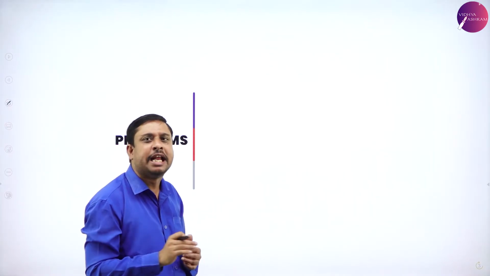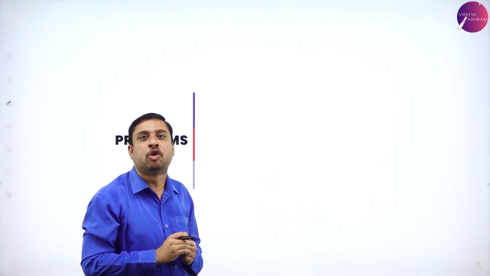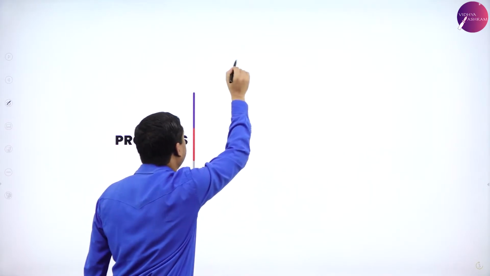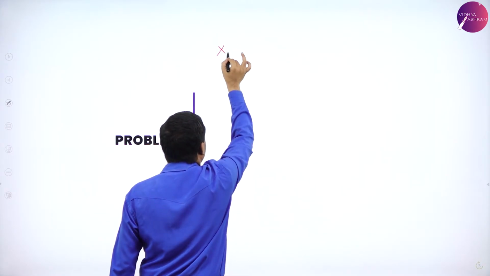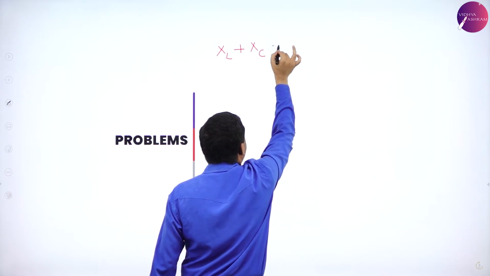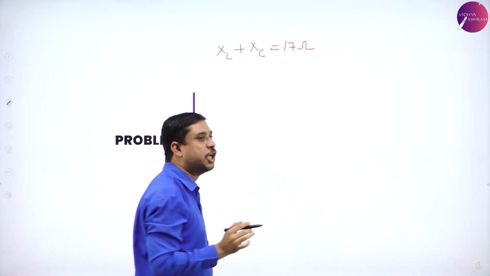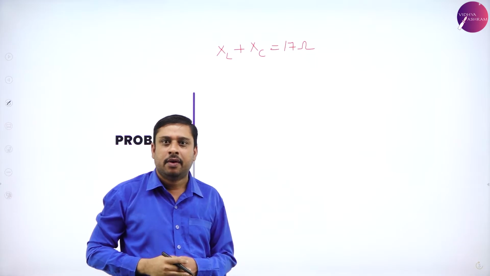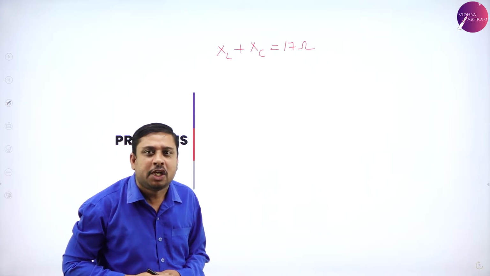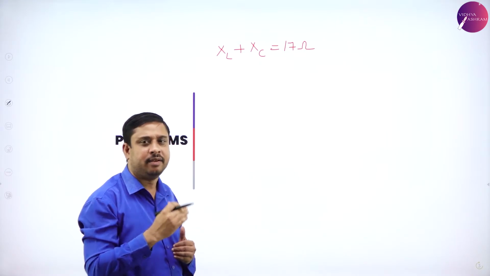Now follow carefully. How will I solve? With this data, I have to calculate self-inductance of the circuit. So this problem says XL plus XC is 17 ohms, with which I have to calculate the value of L. How do I proceed?